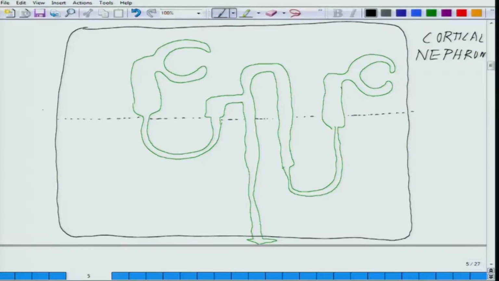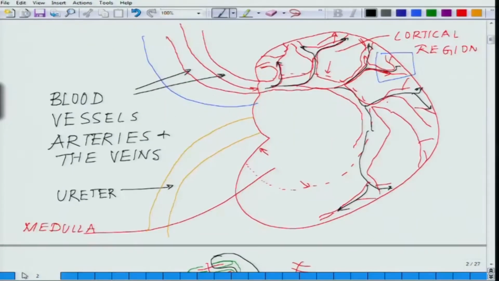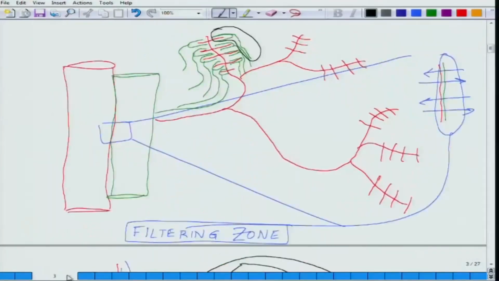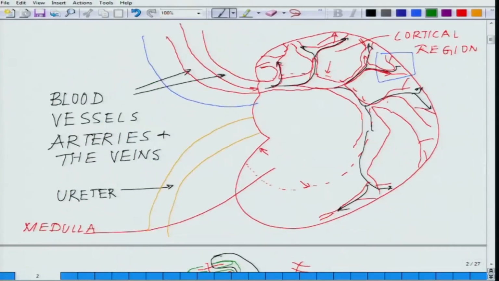This is the part I was showing you in the drawing. If you go back to this slide, so not this one. Let me come back. If this is the medullary region, these nephrons are lying all over it.